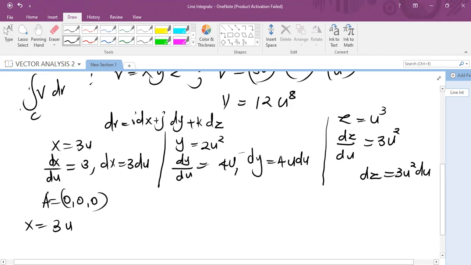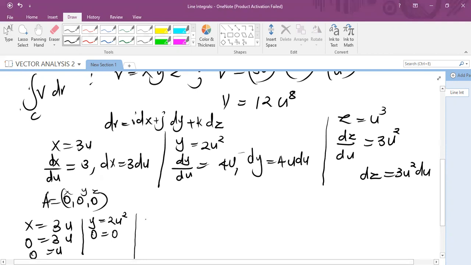You can see here the value of x, y, z. Our x is 0. So when x is 0, what's the value of u? Put 0 here, we will have 3u, so u will be equal to 0. Let's take up the value of y. y is equal to 2u squared. When y is 0, what will be u? u will also be equal to 0.